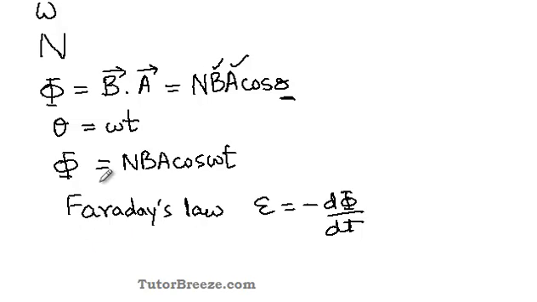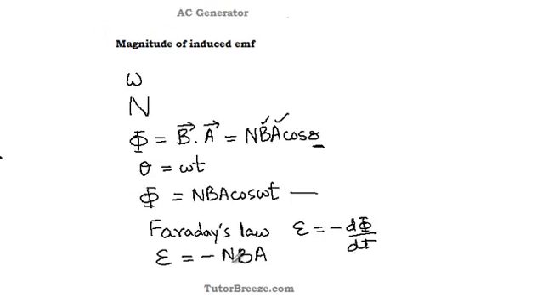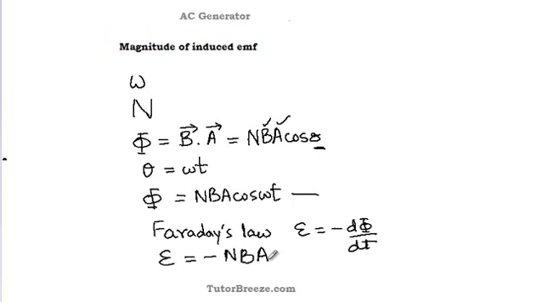Now differentiating this expression, we'll get the induced EMF as minus n. Since n is a constant, you can take it out of the differentiation. B and A are also constants because the magnetic field is constant and the area vector is not changing. What is changing is the angle between the area vector and the magnetic field.